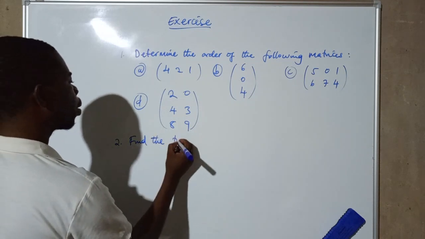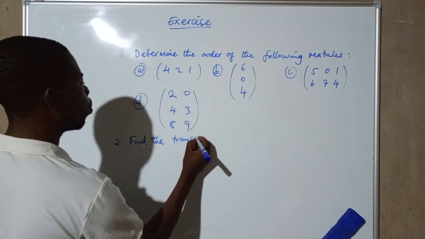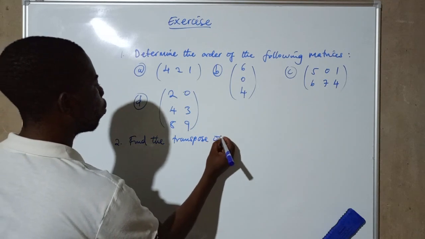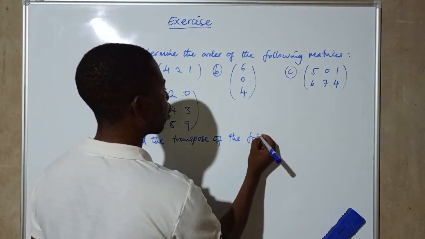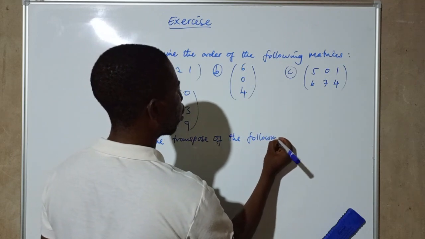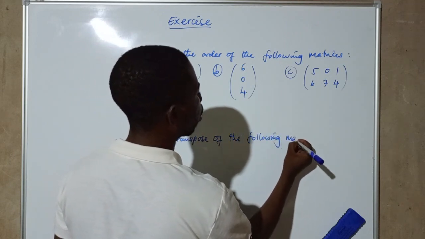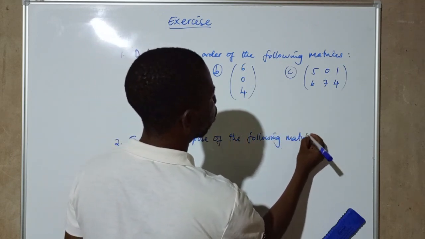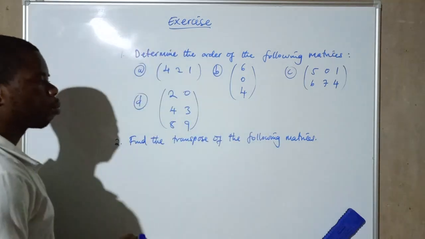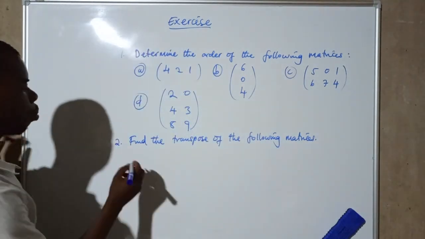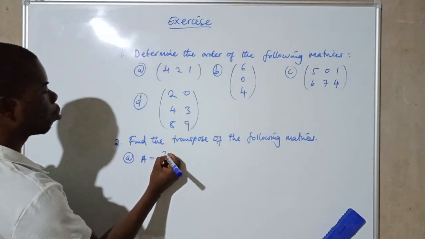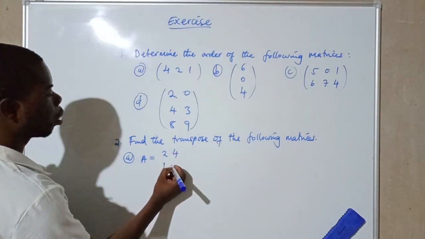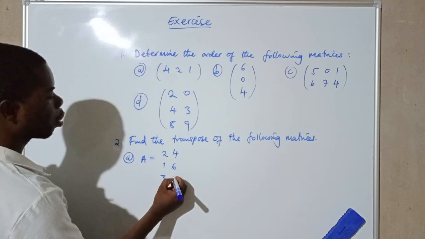Then number 2, I'm going to say find the transpose of the following matrices. I have this matrix A which is 2, 4, 1, 6, 3, 7.